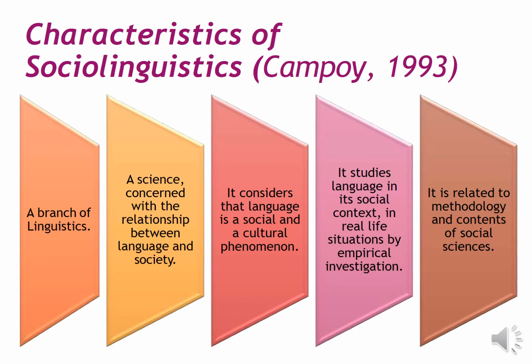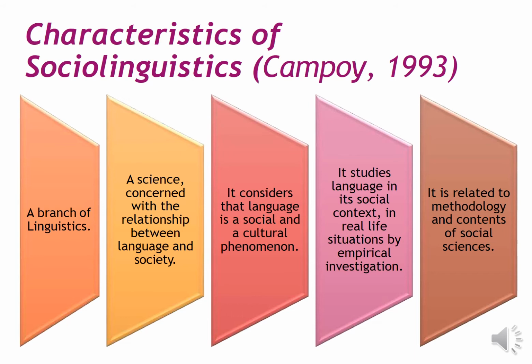The second important characteristic of sociolinguistics is that it shows the relationship between language and society. The first one is that it is a branch of linguistics, and the second one is that it maintains a bridge, a way between language and society.